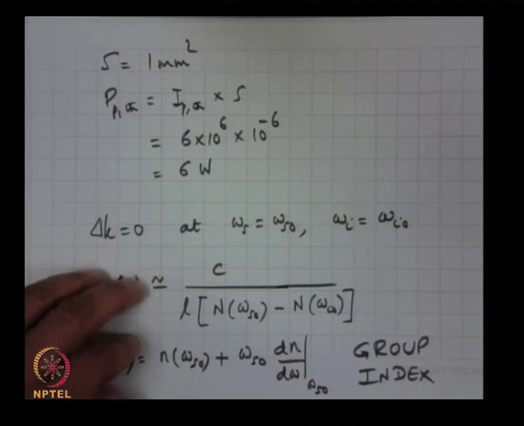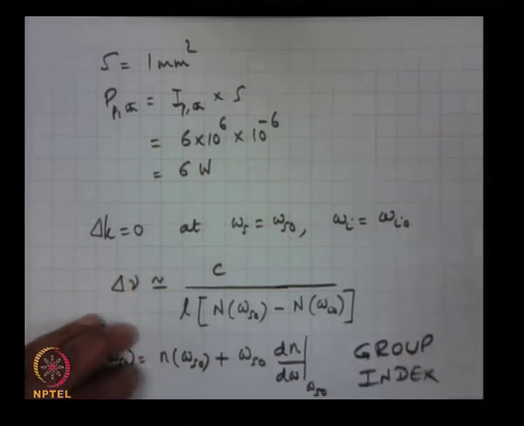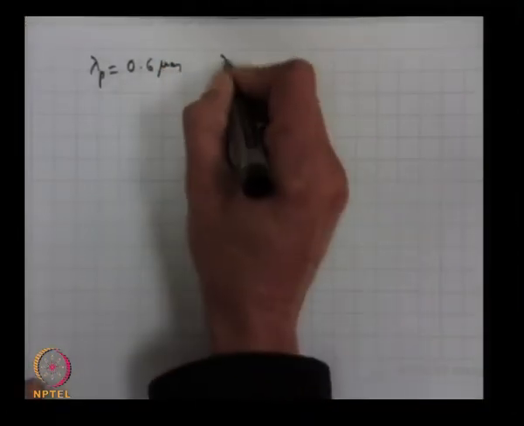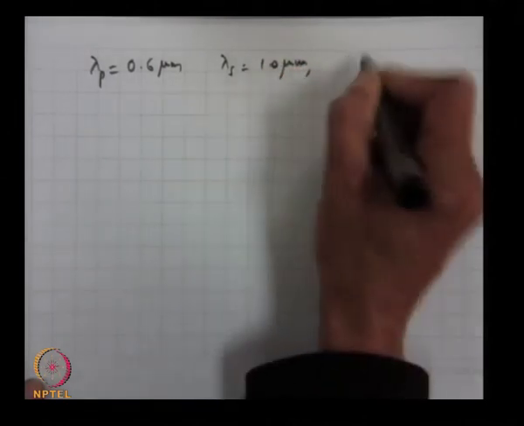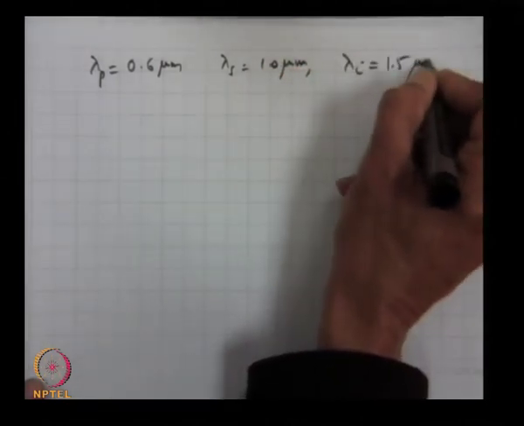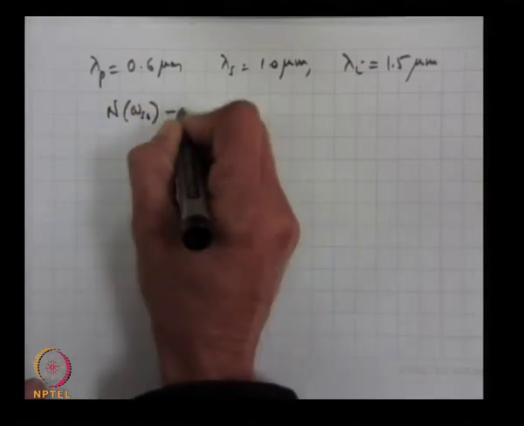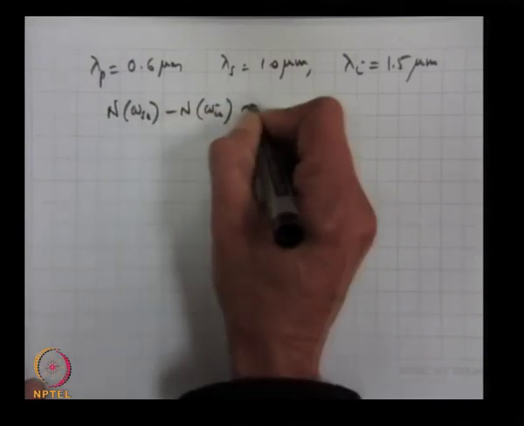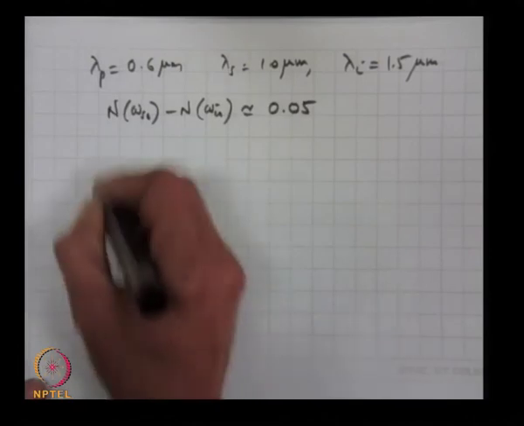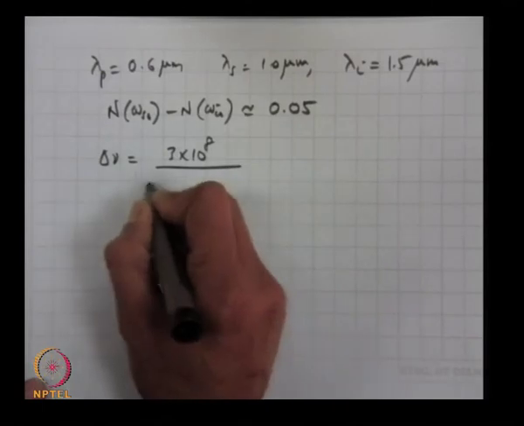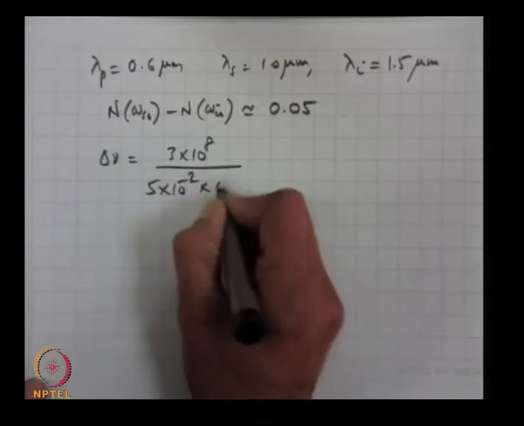Okay, so let me just give you some typical numbers. This group index difference for the case which we have considered, as lambda p is equal to 0.6 microns, lambda s is equal to 1.0 microns, and lambda i is equal to 1.5 microns. The group index difference, N of omega s0 minus N of omega i0, is approximately 0.05. And so delta nu comes out to be 3 times 10 to the power 8 by 5 times 10 to the minus 2 into 0.05.